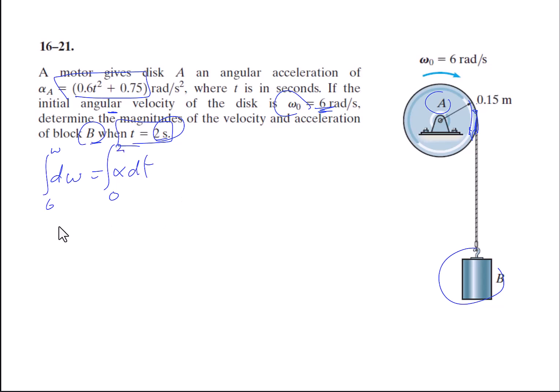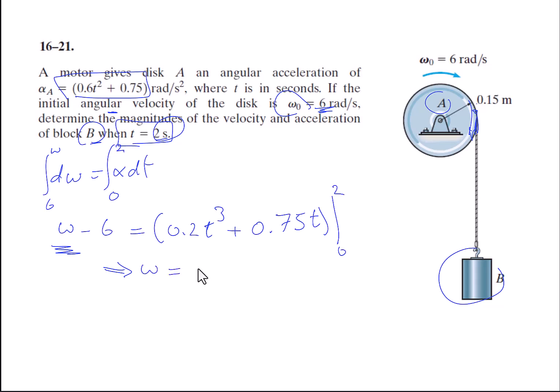So basically omega minus 6 is equal to the integral of 0.2 t to the third plus 0.75 t, evaluated from 0 to 2 seconds. So this is the only unknown. So basically omega after 2 seconds is 9.10 radians per second.